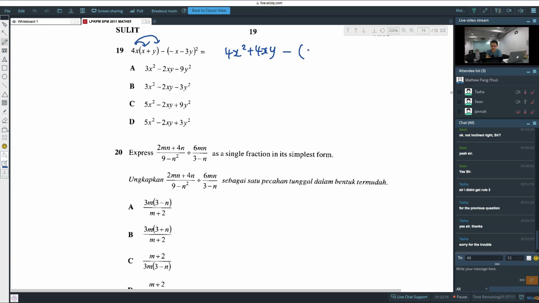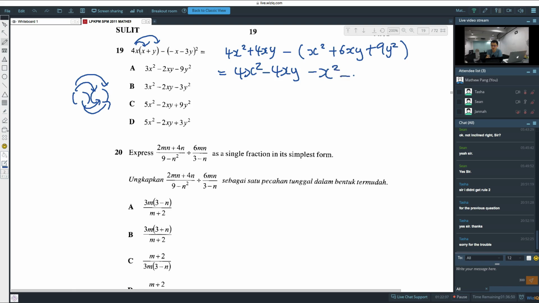So this one, you will get x squared plus 6xy plus 9y squared. Just expand yourself: draw the 2 brackets and multiply one by one. You should get the same answer as mine. Then I multiply my negative into it, so it will be negative x squared minus 6xy minus 9y squared.